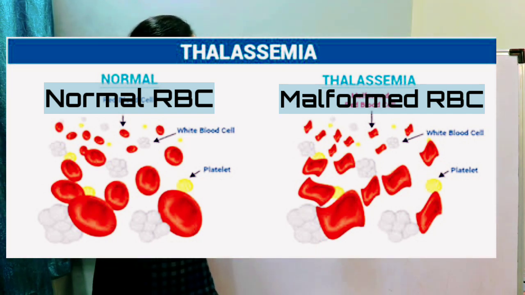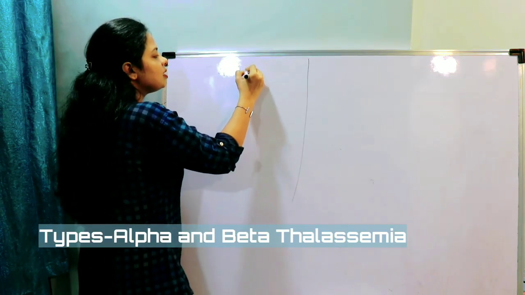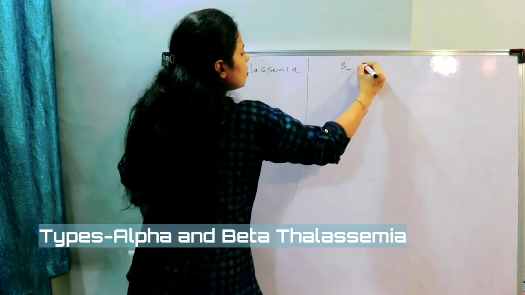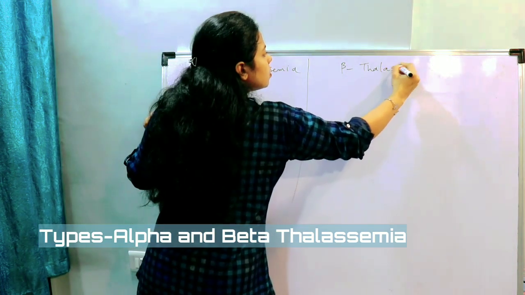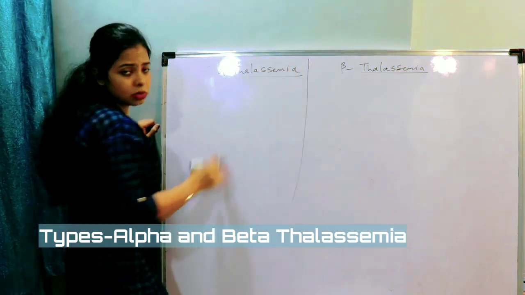Thalassemia is of 2 types. The person may have alpha thalassemia or beta thalassemia. Why do you give these names?